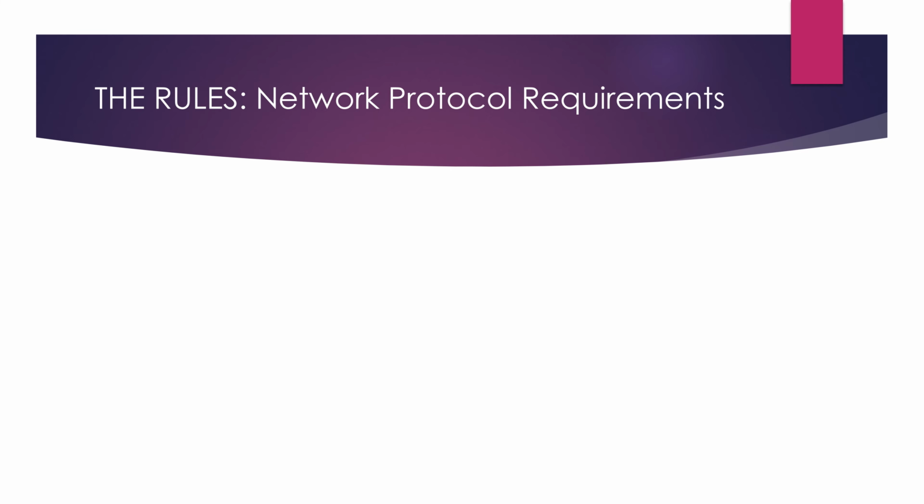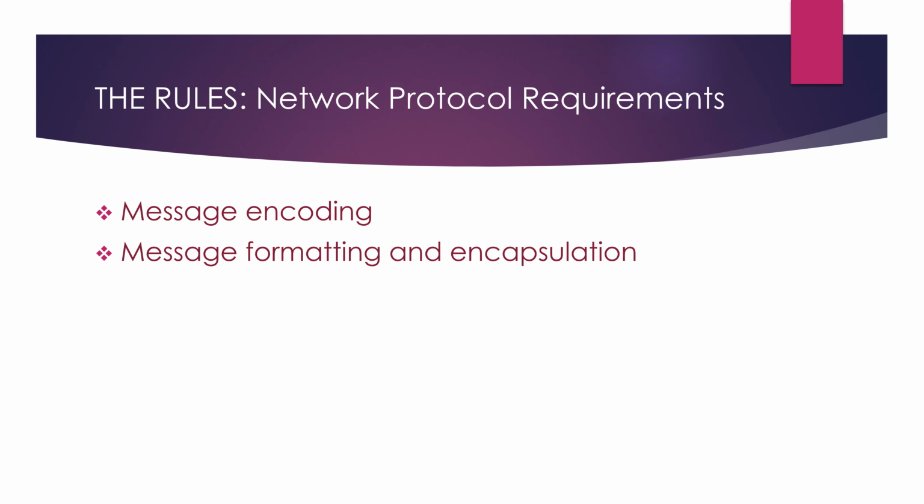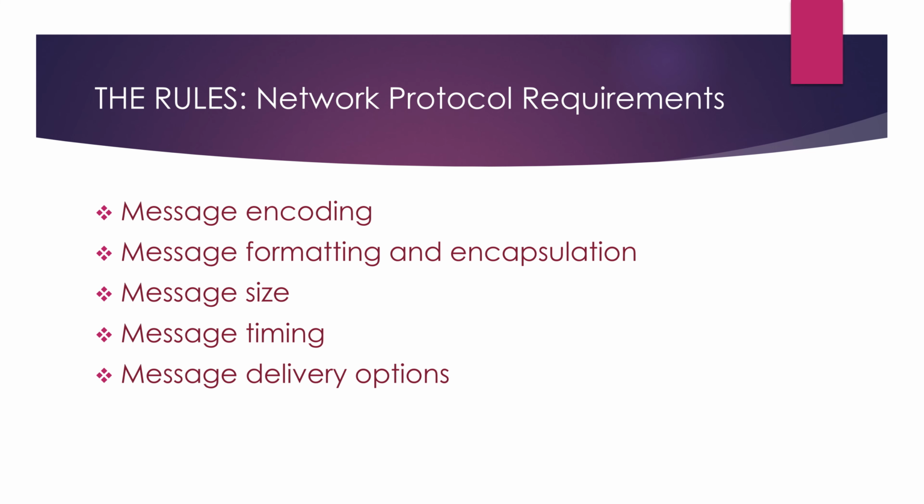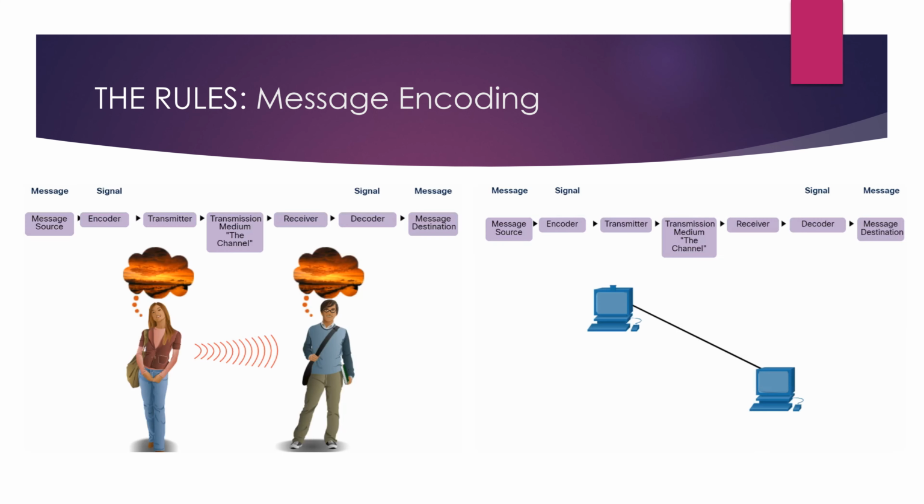The common computer protocols include the following requirements that we will discuss in other slides: message encoding, message formatting and encapsulation, message size, message timing, and message delivery option. For each of them, we will discuss in the slides that come next.